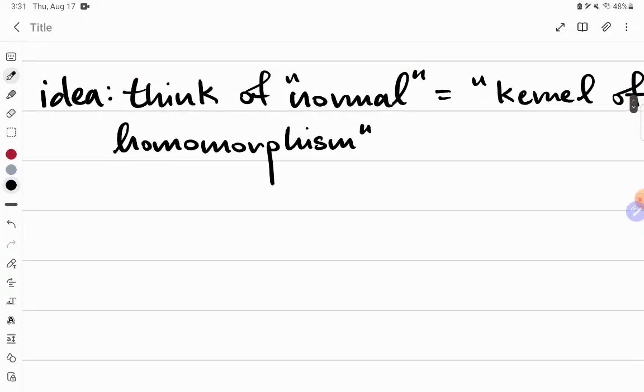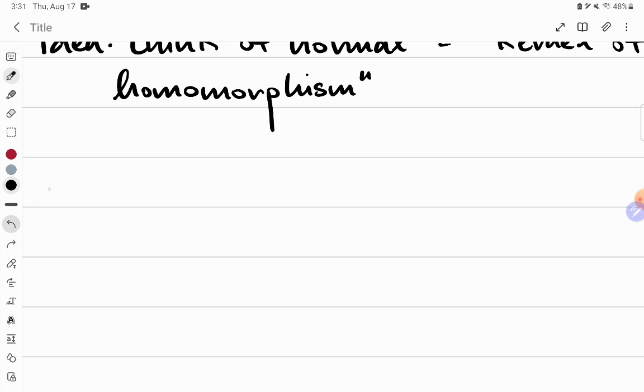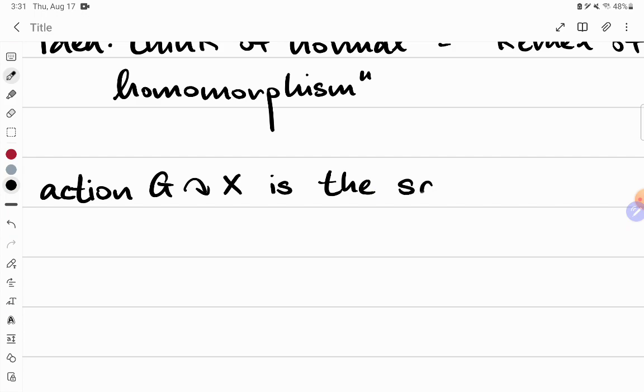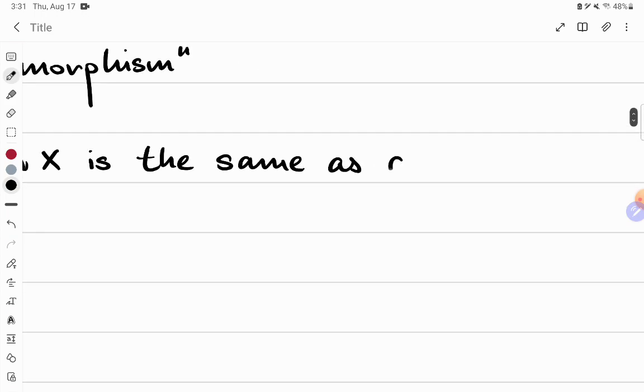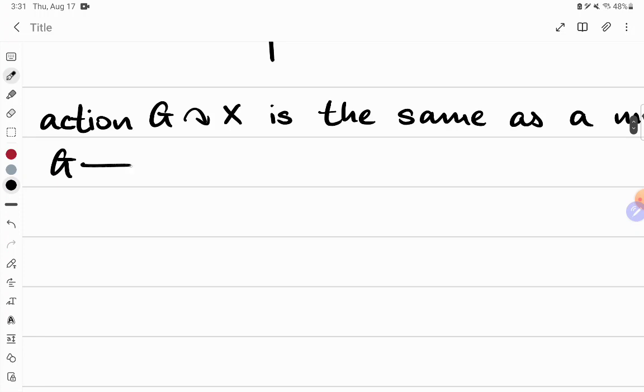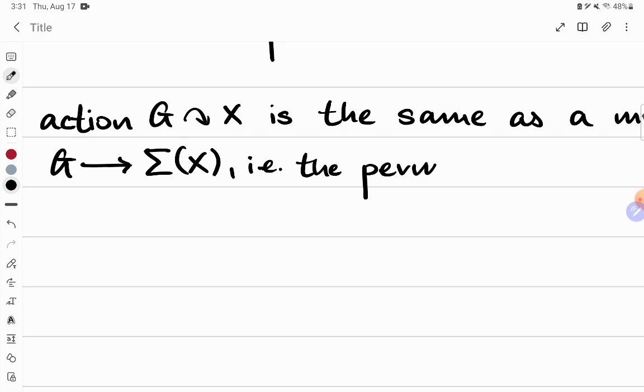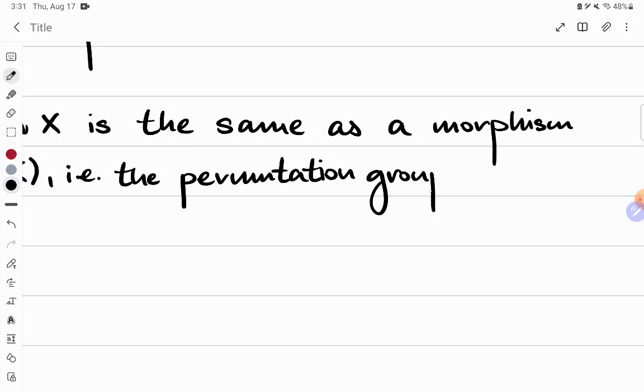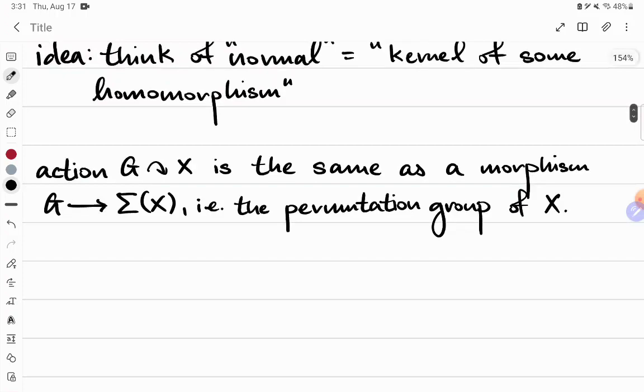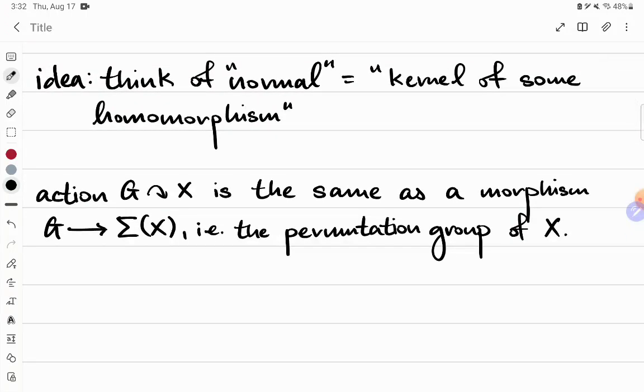So in this case, we want to think of an action of G on a set X as the same as a morphism from G into what I call sigma of X, i.e. the permutation group of X. So this consists of all permutations, and in some sense, if X is a finite set, say, it is isomorphic to the symmetric group on n letters.